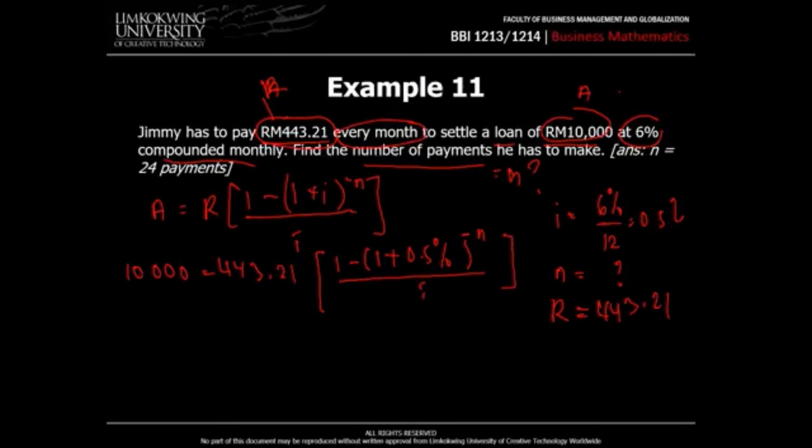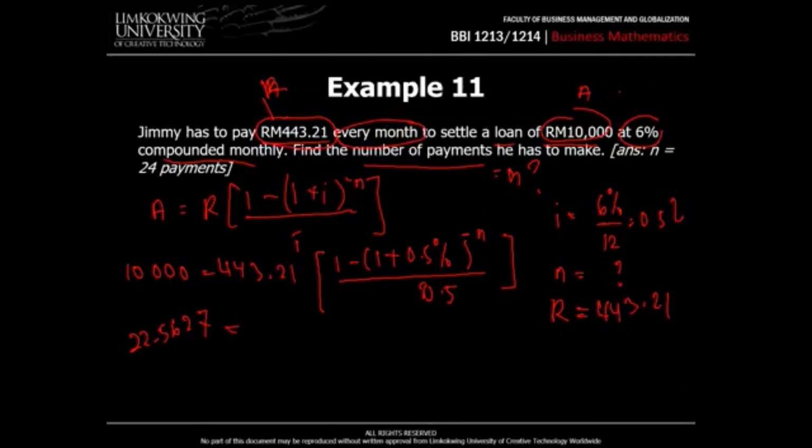Okay, so this one you bring here, then you got 10,000 divided by 443.21, then you got 22.56. Then here i is 0.5%.